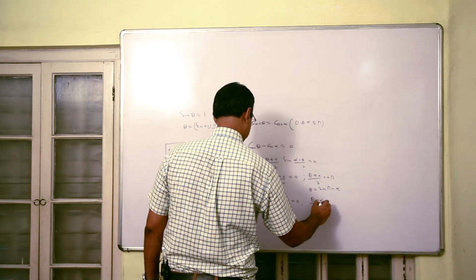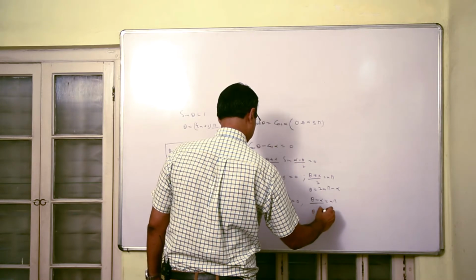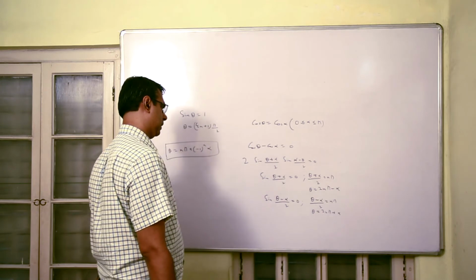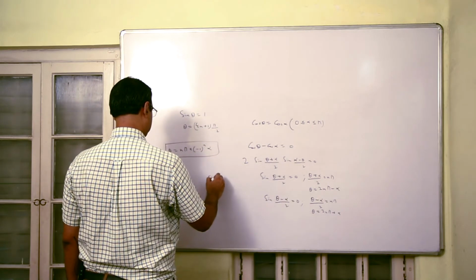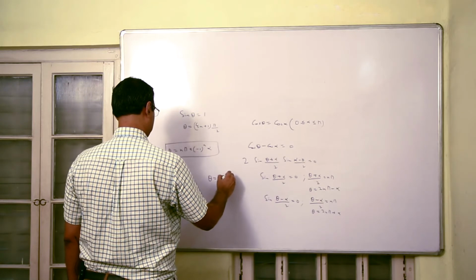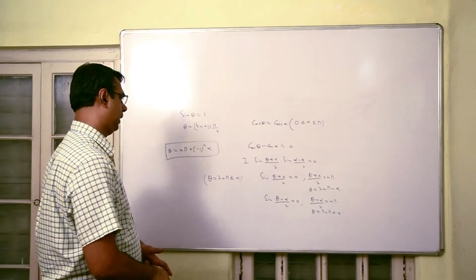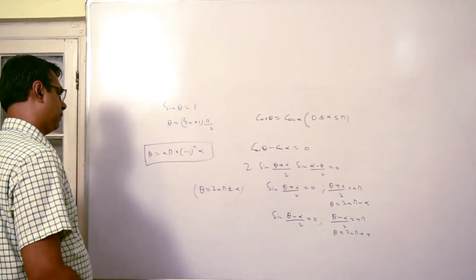So (theta minus alpha) by 2 becomes equal to n pi. So theta becomes 2n pi plus alpha. You have two results. If you want to combine them into one, then this will be the result, that is, theta is 2n pi plus minus alpha.